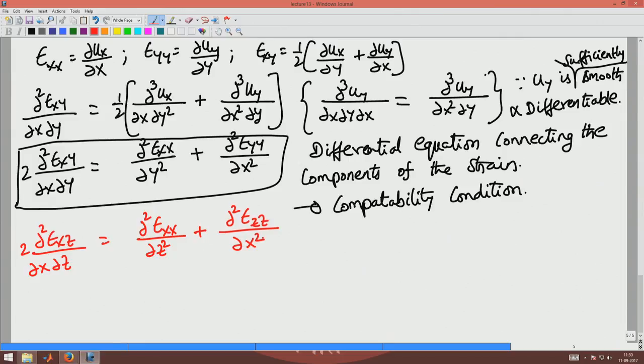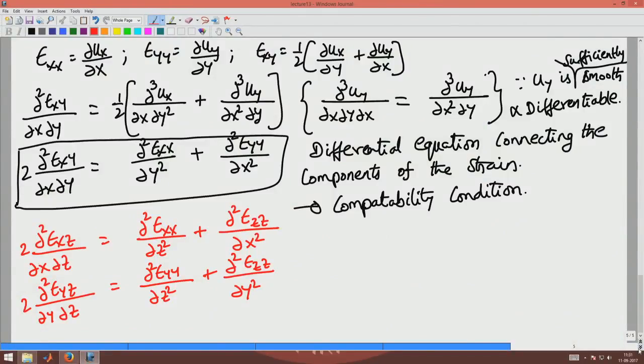This is if the strain is plane in the x and z coordinates, or in the y and z coordinates.